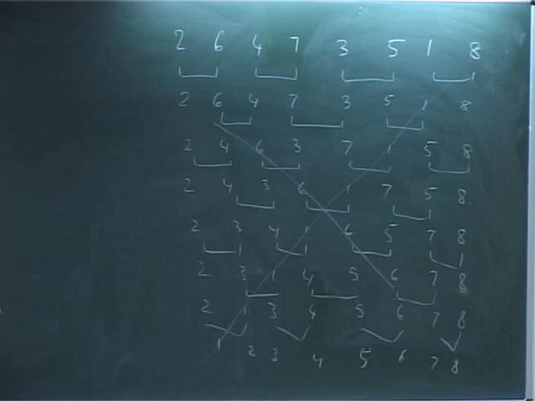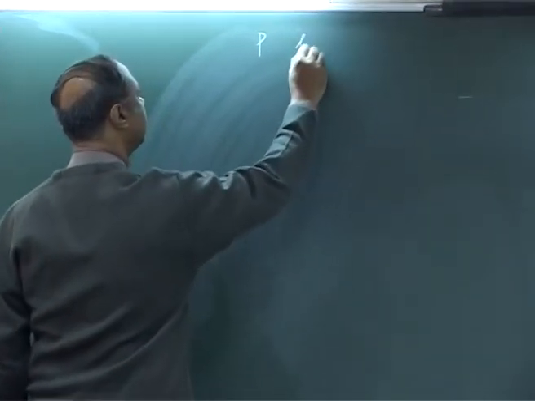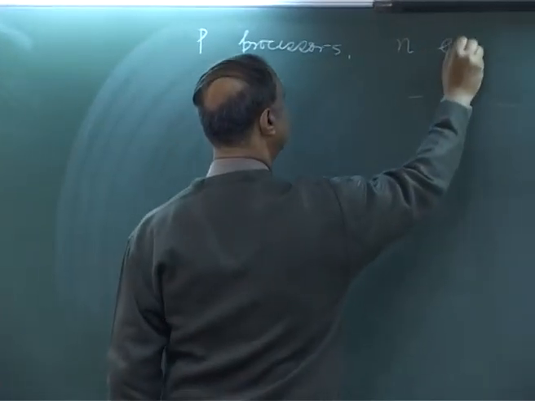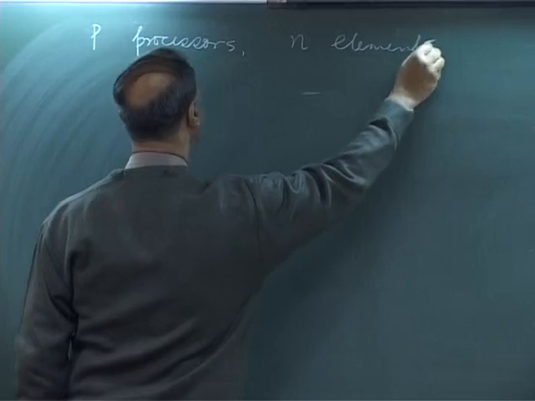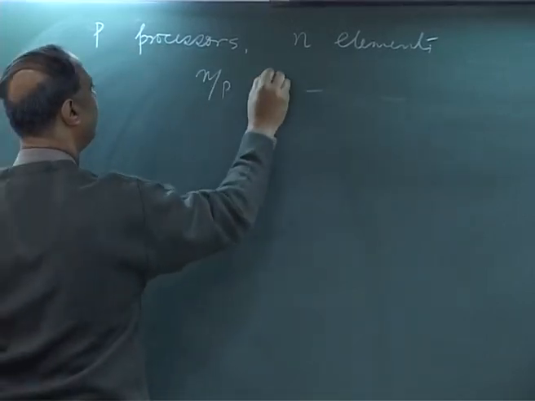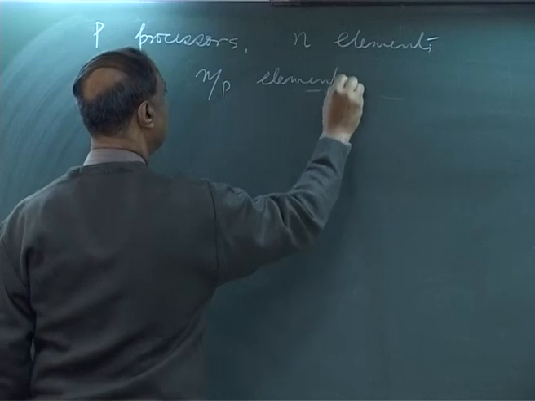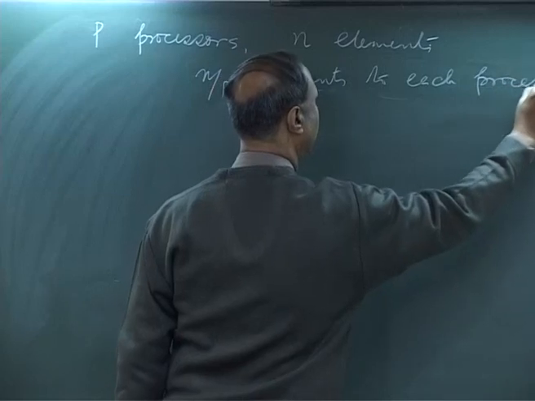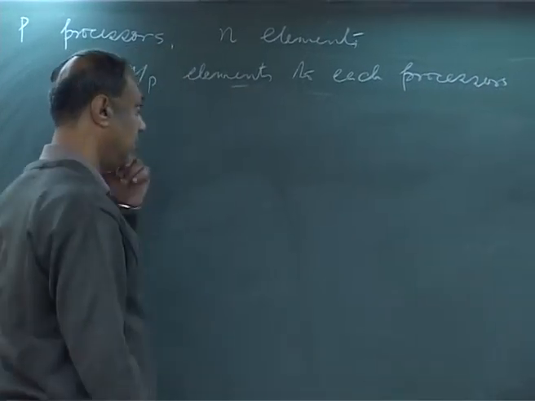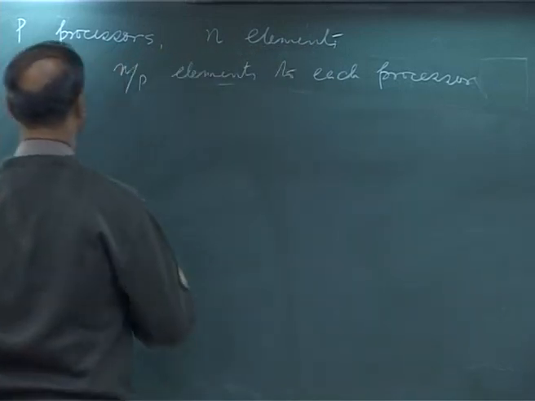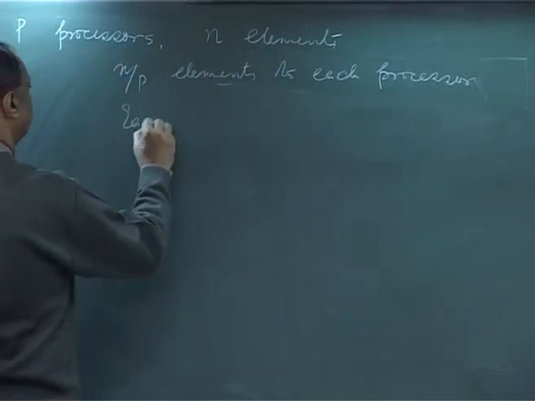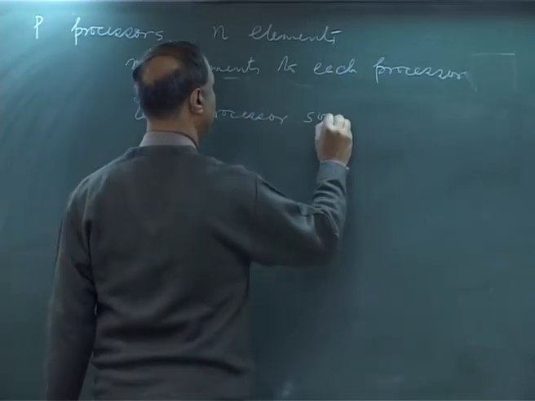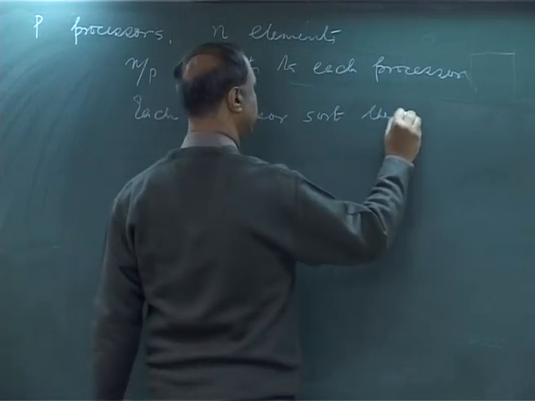Now, if you have p processors and n elements, initially n by p elements go to each processor. Each processor sorts its elements.